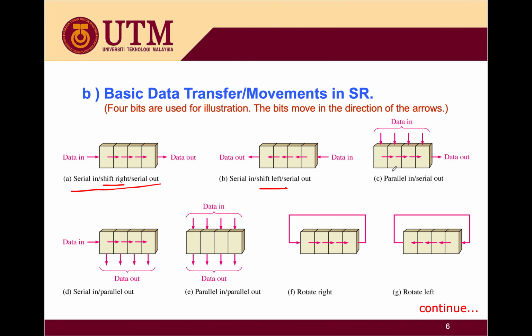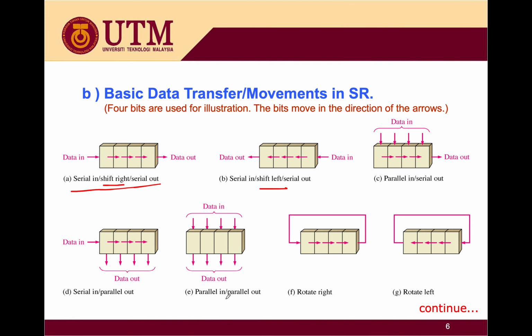And then after that you have the parallel in, serial out. You can see you have a parallel in, and then you can have the serial out, to your right. You can also have the serial in, parallel out.